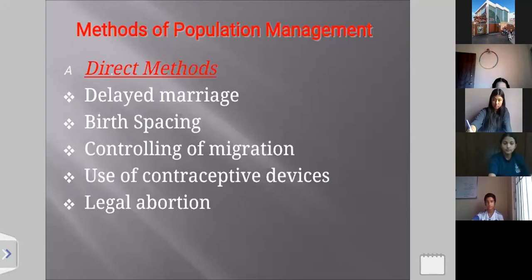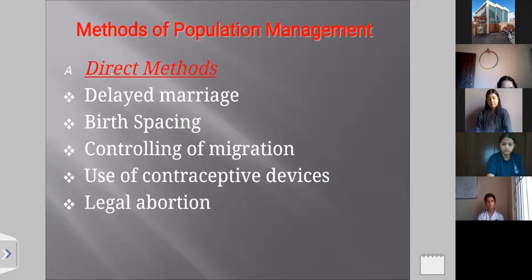And after that, my dear students, now you can see the next method. The next method of population management is legal abortion. I think all of you know what abortion is. Abortion means to kill a baby inside the mother's womb.